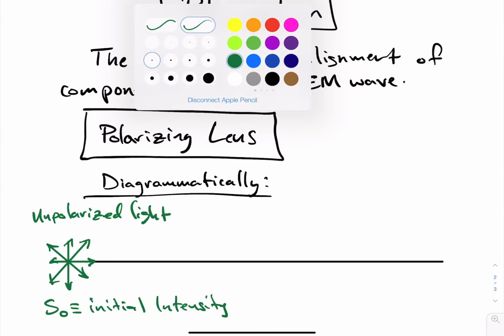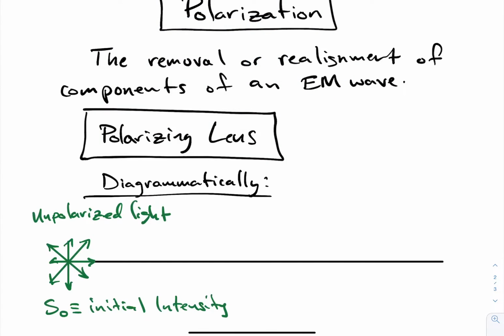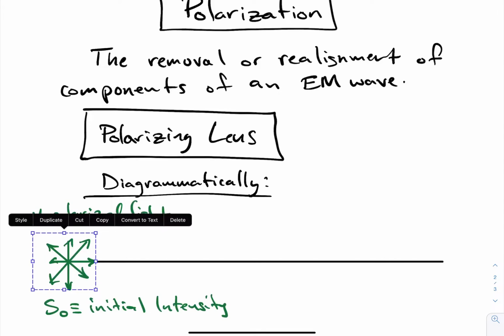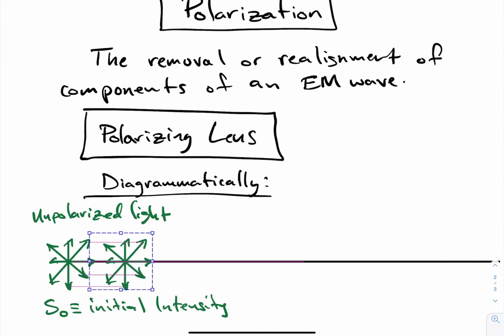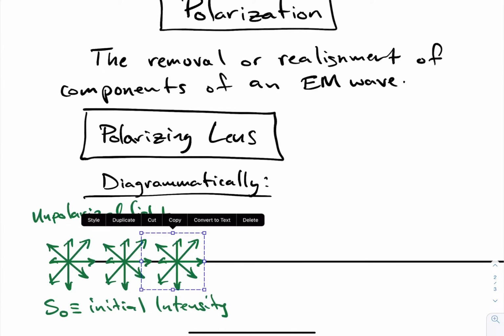So what I would like to try to do is copy this out a little bit. And this works well enough. So we have our light propagating along the axis like so.